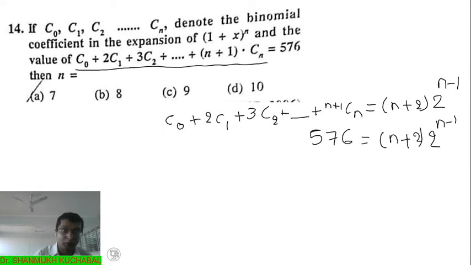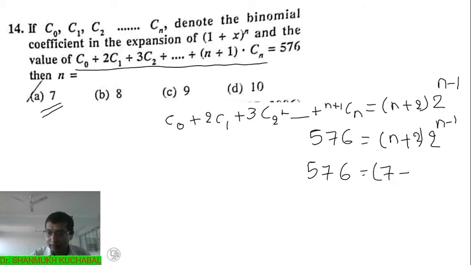Now we'll substitute the value of n equal to 7. After substitution, if we get LHS equal to RHS, then n equal to 7 is the right answer. So 576 equal to 7 plus 2, next 2 raised to 7 minus 1.